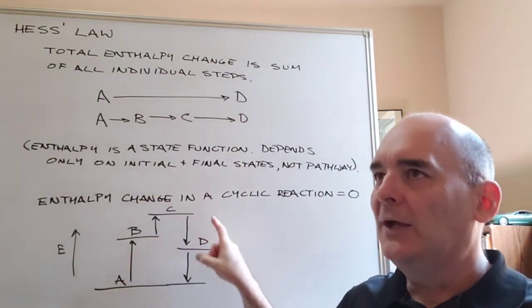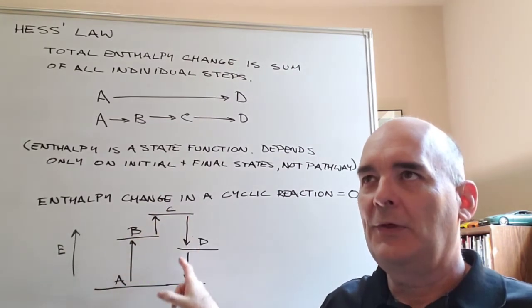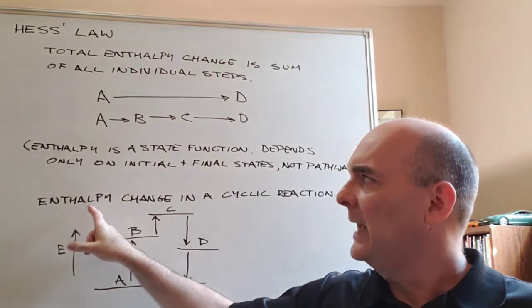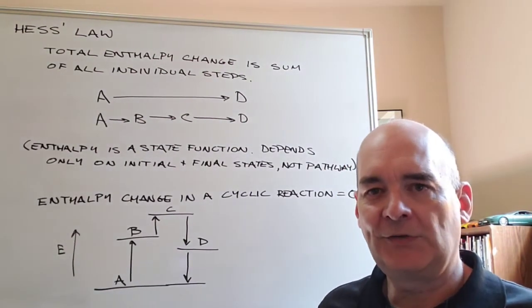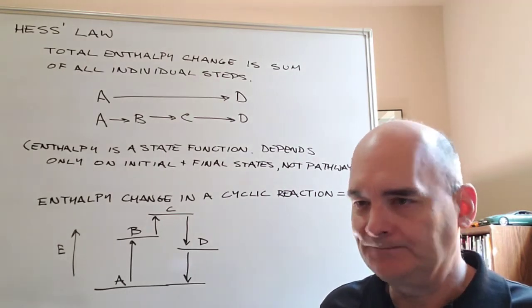And if our reactions can be written in a way that they go around in a cycle, then Hess's law tells us that the enthalpy change for a cyclic process has to be equal to 0.